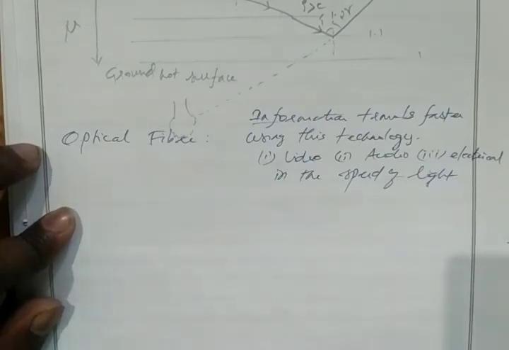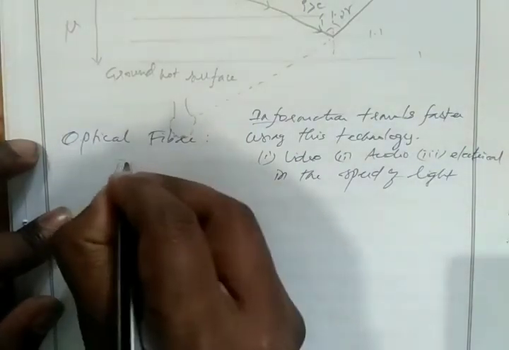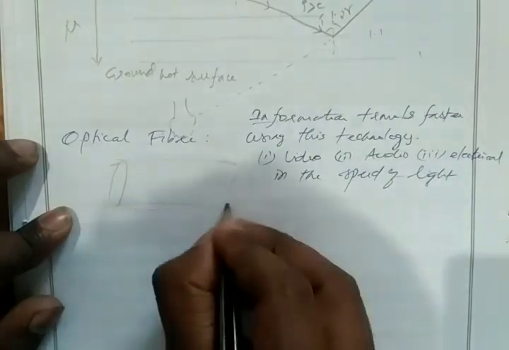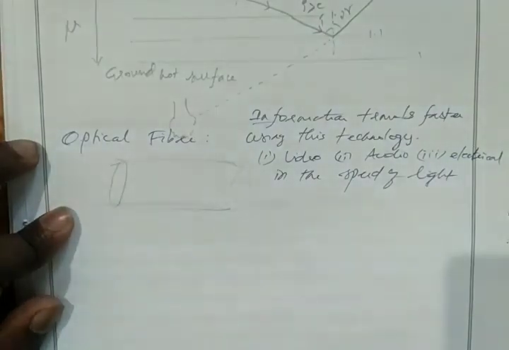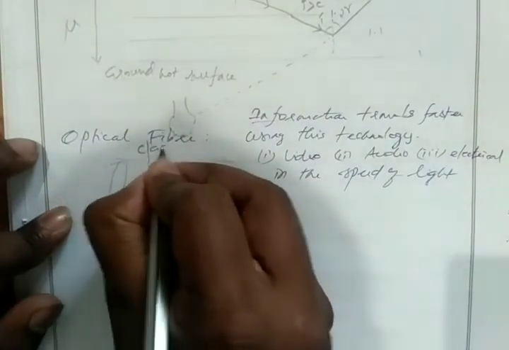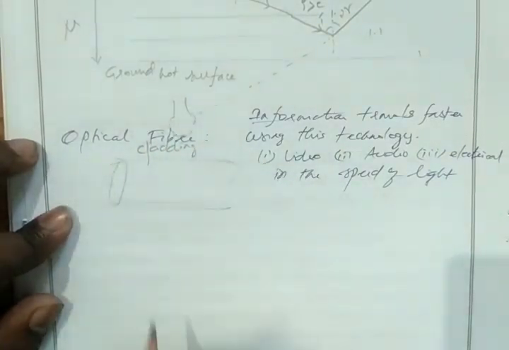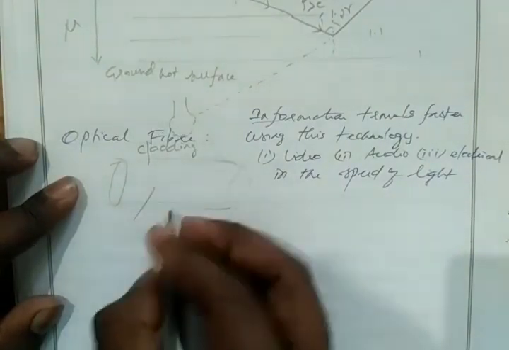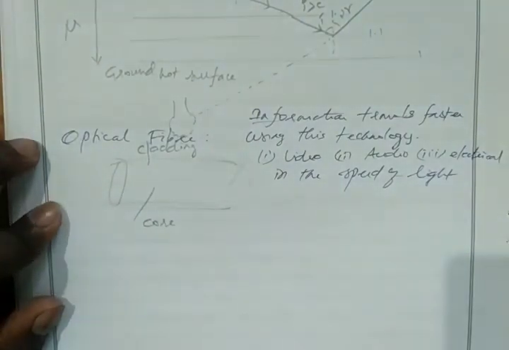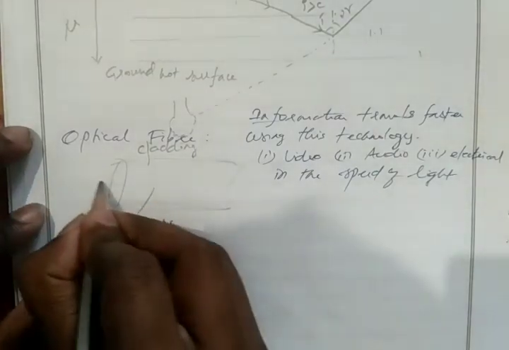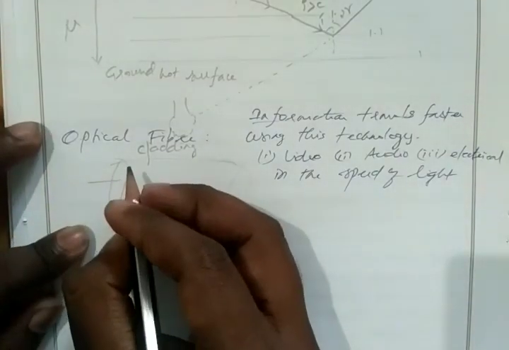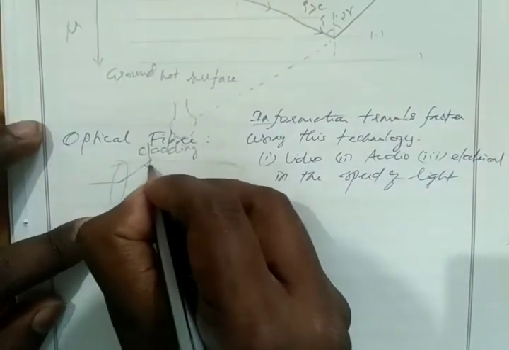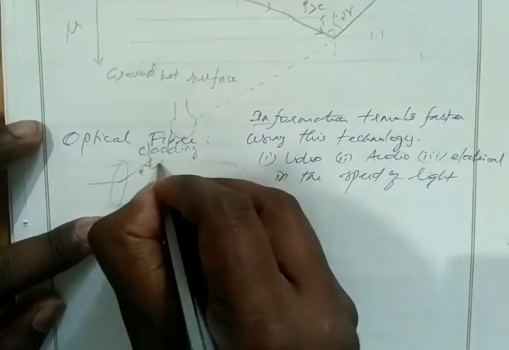Okay, so optical fiber has a type of structure, a type of wire. It has two layers. The outer layer is known as cladding, and the inner part is known as core. When light falls on this optical fiber, what will happen? It always is incident in such a way that the angle of incidence is greater than the critical angle.